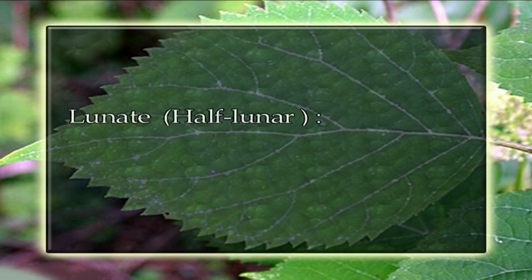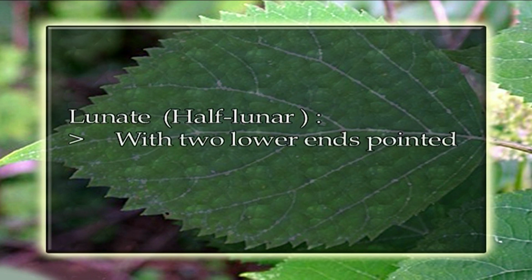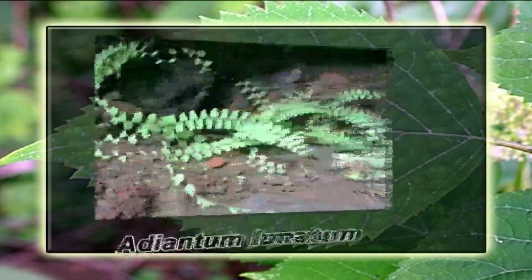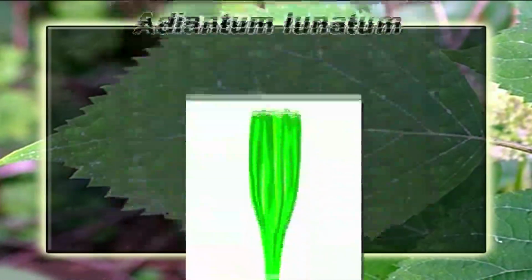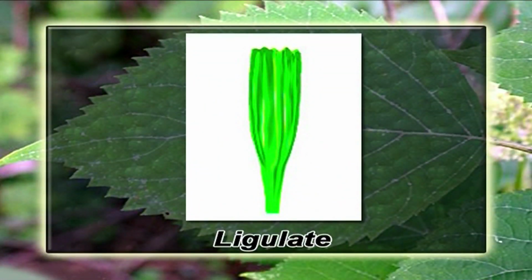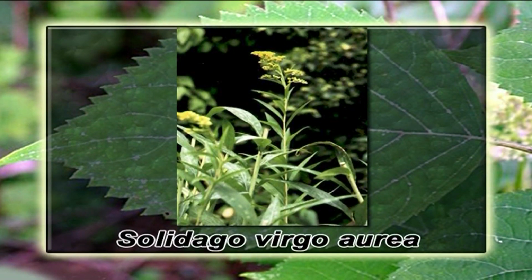Lunate, that's half lunar, half moon in shape, with two lower ends pointed slightly downwards, for example, Adiantum lunulatum. Ligulate, narrowly cuneate tongue-like structure with a transversely cut and irregularly lobed or incised tip, for example, Solidago virgaurea.